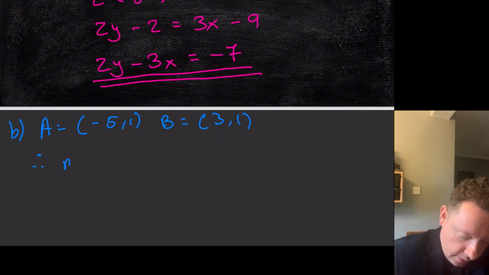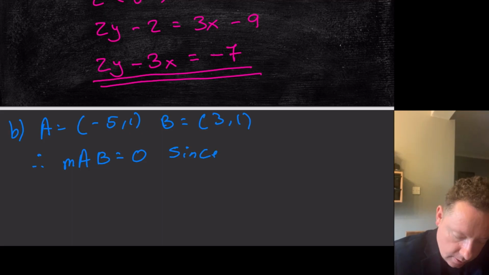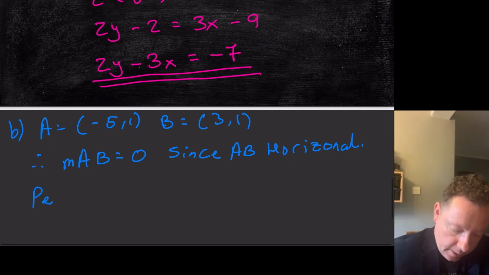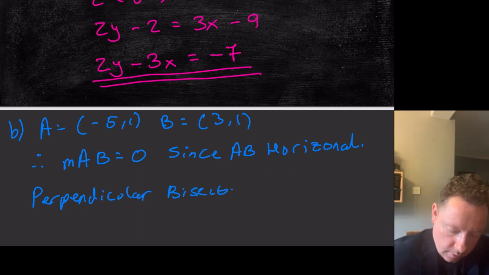So therefore, the gradient of AB equals 0 since AB is horizontal. And then we can say the perpendicular bisector is vertical.